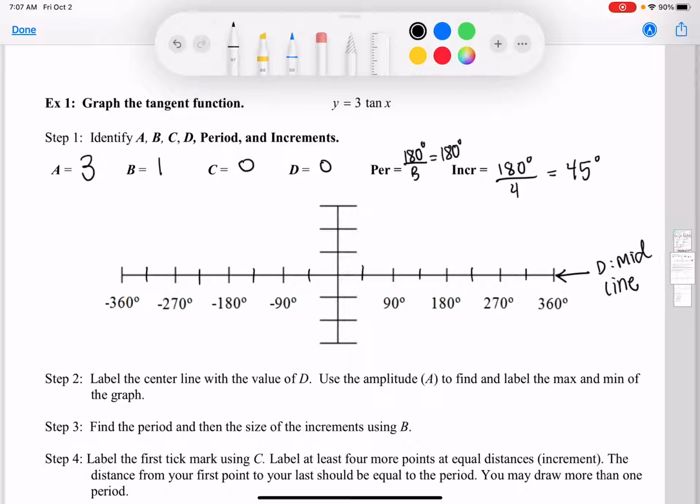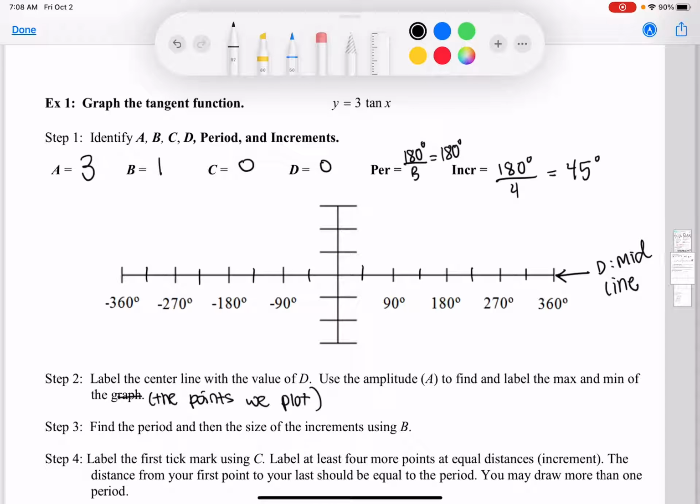Okay, and then use the amplitude, so A, to find the maximum and minimum of the points we're going to plot, because technically the graph does keep going after those top and bottom points.